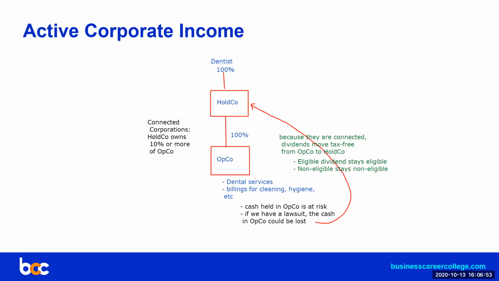This is very common. So the monetary benefit here, Melanie, is you're still getting that tax deferral. So remember that my after-tax dollars were only taxed once, right? But if I left them in opco, Melanie, and then opco gets sued, then I have a problem, right?